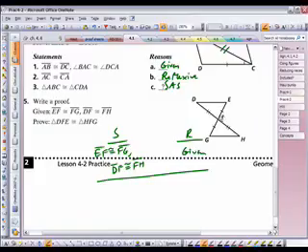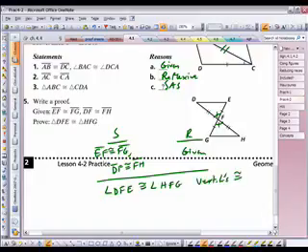Now we can say these angles are congruent, so I can say angle DFE is congruent to angle HFG, and that is because vertical angles are congruent. And finally, we can say triangle DFE is congruent to triangle HFG, and that's going to be side, angle, side, so that's SAS.